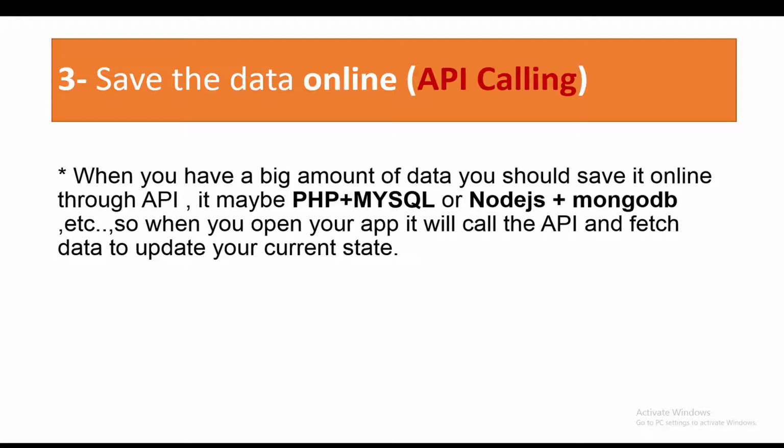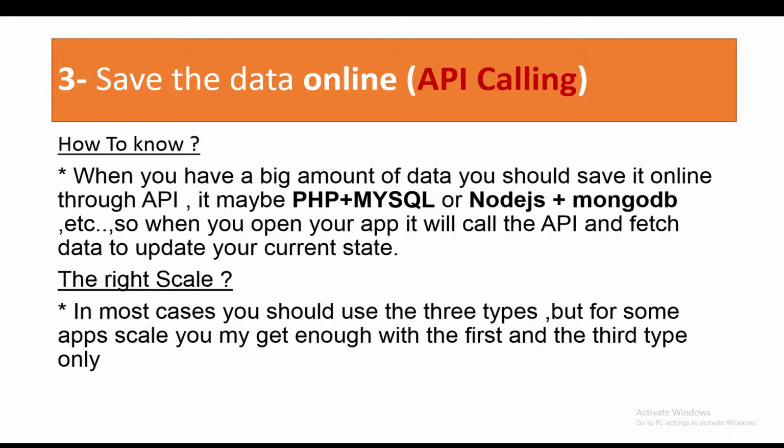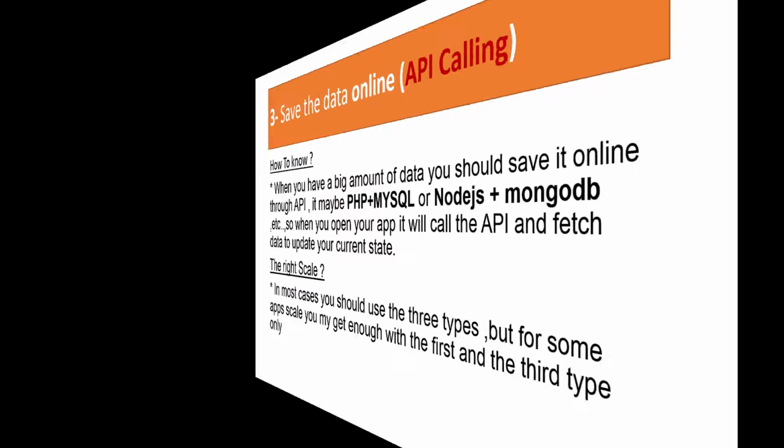This API may be built with PHP and MySQL as a server-side application, or Node.js plus MongoDB, or whatever. So when you open your app, it will call the API and fetch the data to update your current state. In most cases, you should use the three types, but for some apps, depending on scale, you may get by with the first and the third type only.